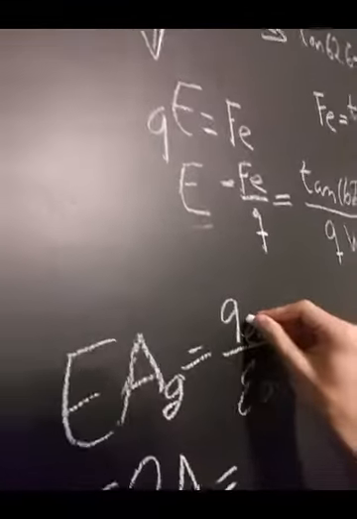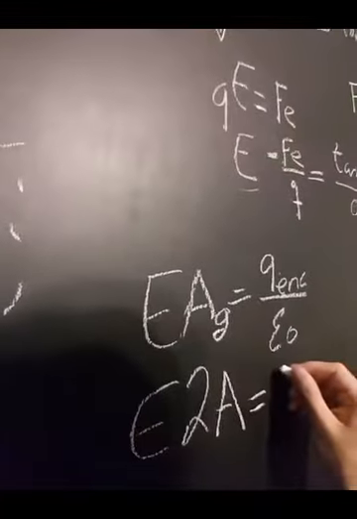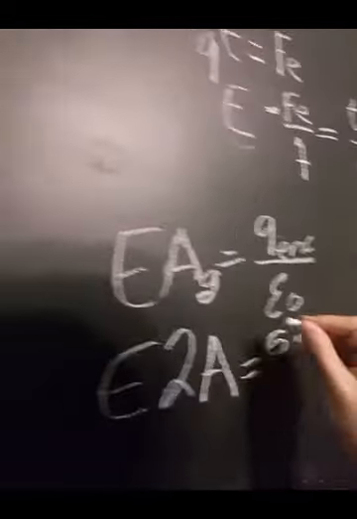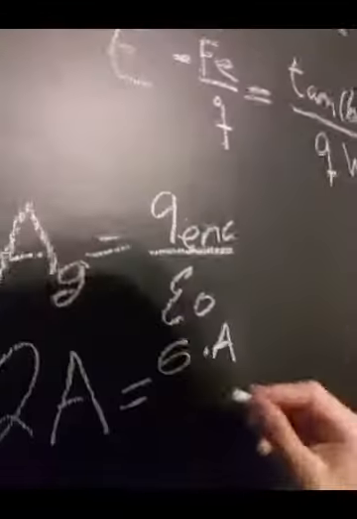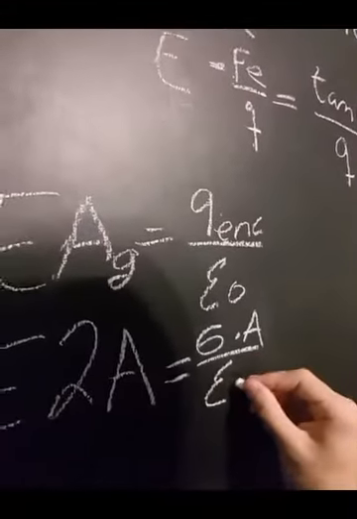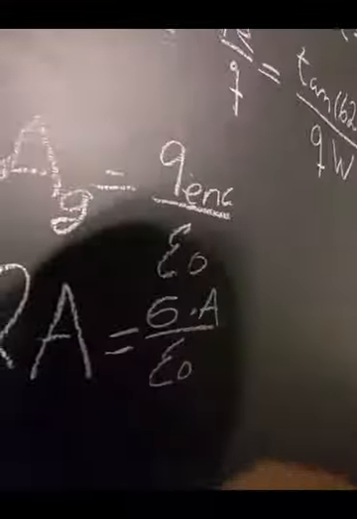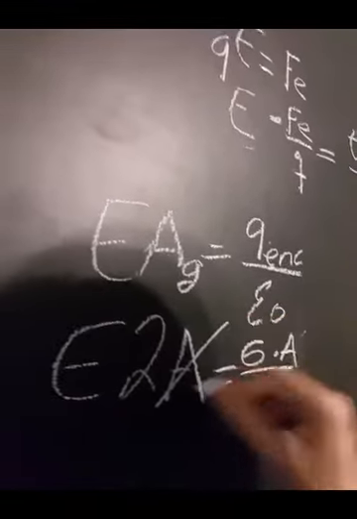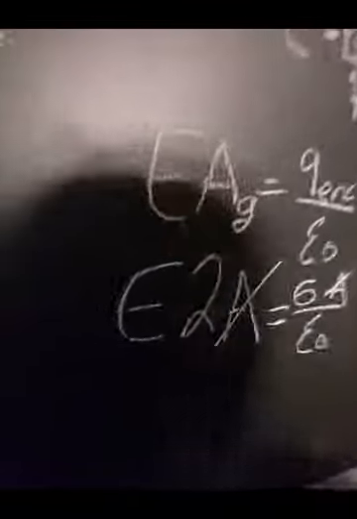will equal, and our charge will be sigma times area, which is this area, divided by epsilon 0. We can see that area is on both sides right here, so we just get rid of it.